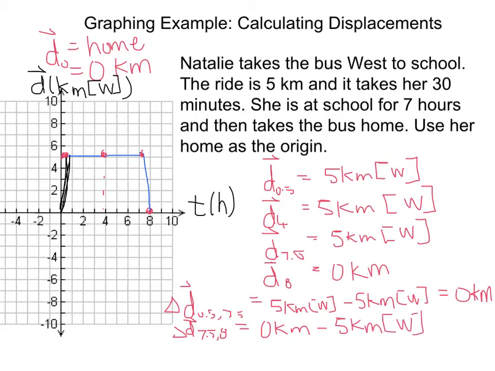And remember that subtracting is the same as adding the opposite direction. So this can be written as either negative 5 kilometers west or as 5 kilometers east. Both answers are correct. And basically this tells us that at the 8-hour mark, she's 5 kilometers east of where she was at the 7.5-hour mark.